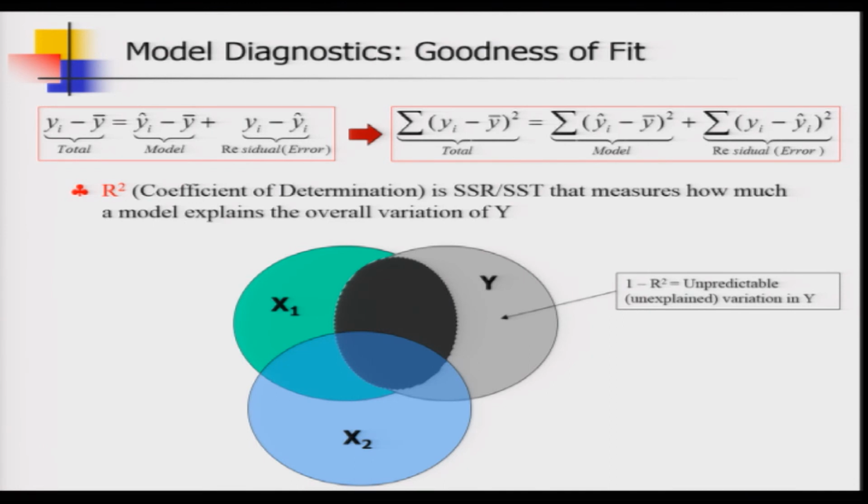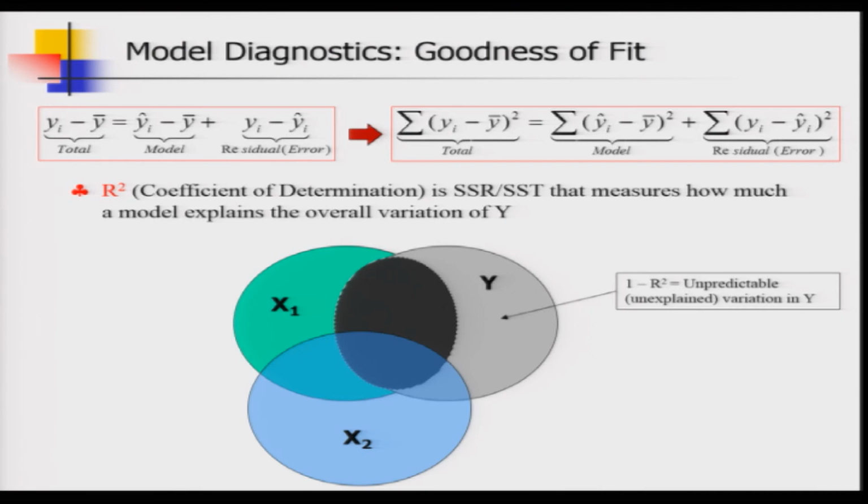Here I am showing you a Venn diagram with 3 circles. This is a simplified case, of course. I have one y, the dependent variable, and 2 explanatory variables x1 and x2, and note that both x1 and x2 explain some bit of the variation of y. These 2 circles x1 and x2 have some common part in their variations, and all 3 circles intersect with each other.